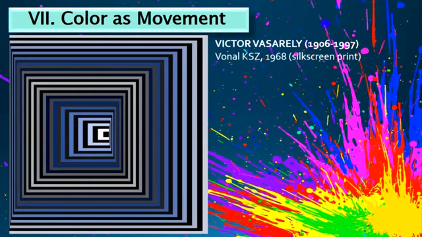Number 7. Color as movement. When you look at an abstract artwork, your brain instinctively searches for signs of rhythm in order to try to make spatial sense of the image. Like Victor Vasarely, he makes use of this impulse to create an impression of movement by combining graduated squares and sequential colors.